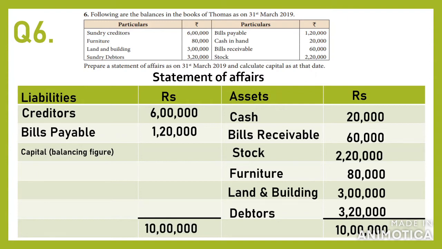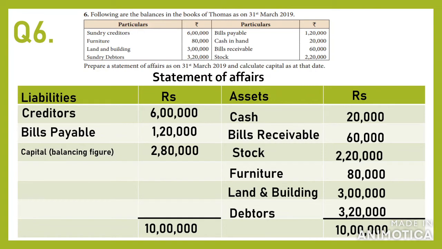So now you work back and find out the balancing figure which represents capital. So creditors 6 lakhs, bills payable 1.2. If you add up, you will get 7.2 lakhs. So 10 lakhs minus 7.2 lakhs, you get 2.8 lakhs. So this is the capital as on the date, in which case it is 31st March 2019.